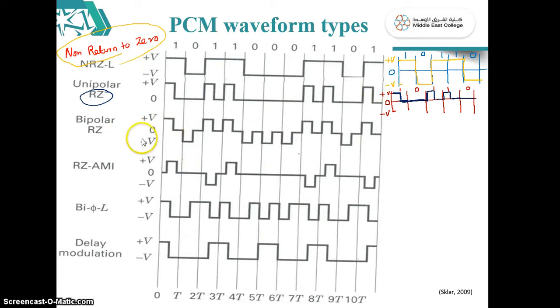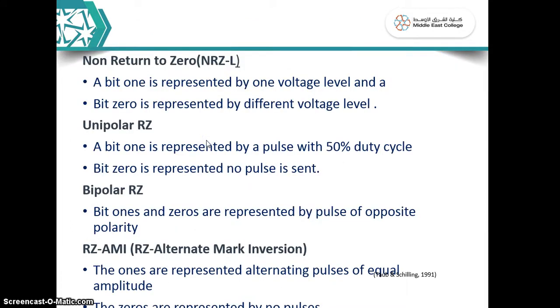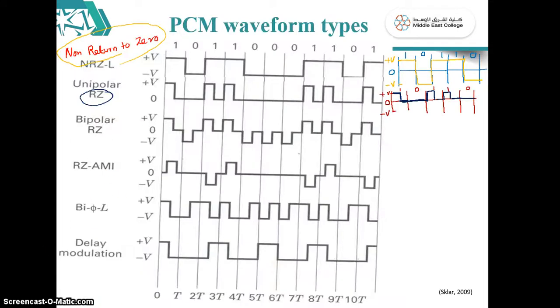Next we will see bipolar return to 0. In bipolar return to 0, a 1 is represented by a plus voltage and it returns to 0 after half of the bit interval. A 0 is represented by minus voltage and it will also return back to 0 after half of the interval.